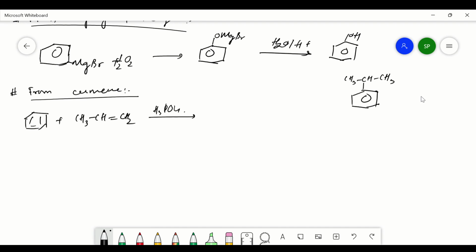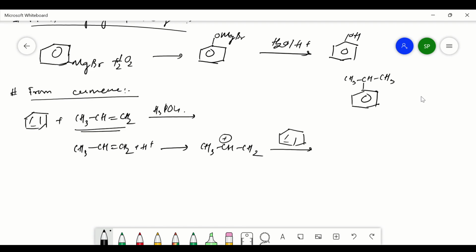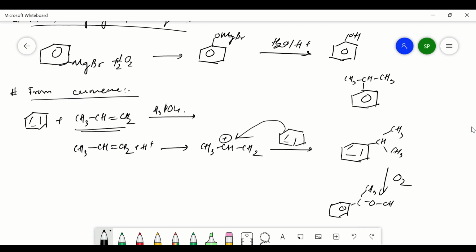What happens in this method? The propene is first protonated to produce a secondary carbocation, and then benzene reacts with this secondary carbocation as an electrophile to produce cumene. This cumene reacts with oxygen to produce cumene hydroperoxide.